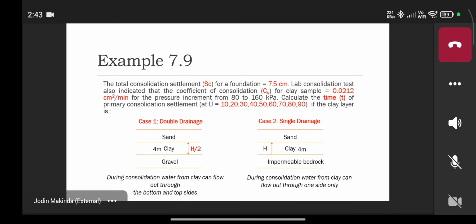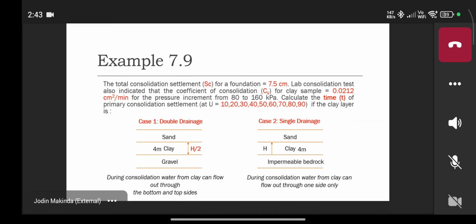In opposite, you look into the single drainage on the right side. You can see that this is for clay soil where the top layer is sand. The bottom layer is impermeable bedrock.